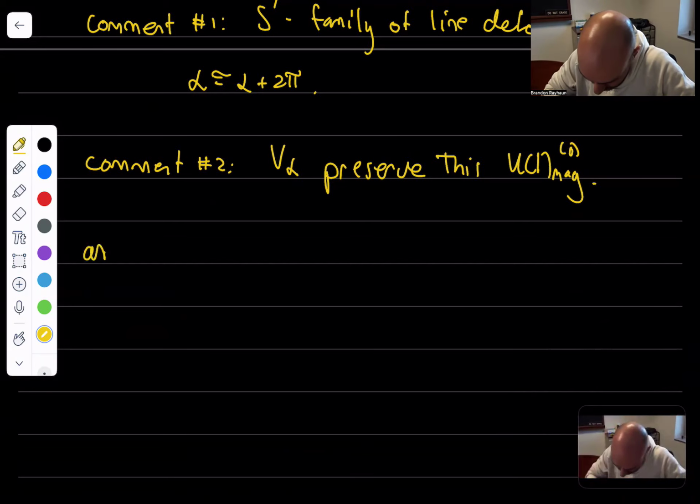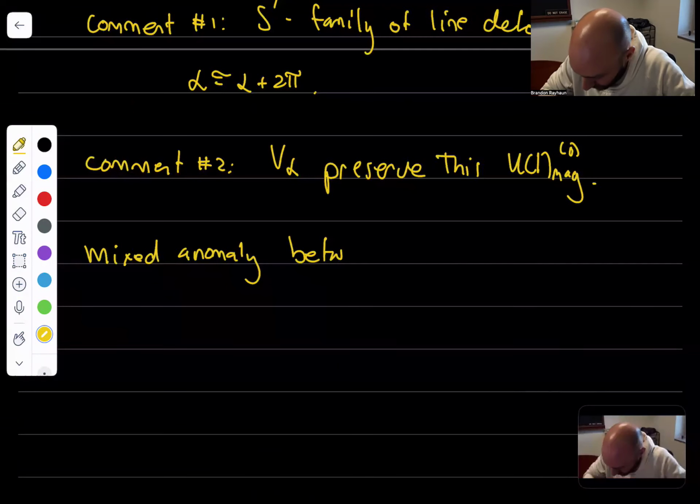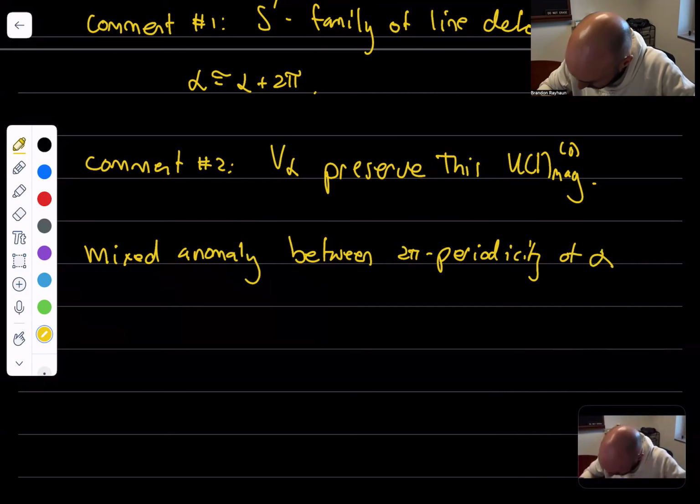If you'd like, there's a kind of mixed anomaly between the 2 pi periodicity of this defect parameter and the preservation of the U1 symmetry.